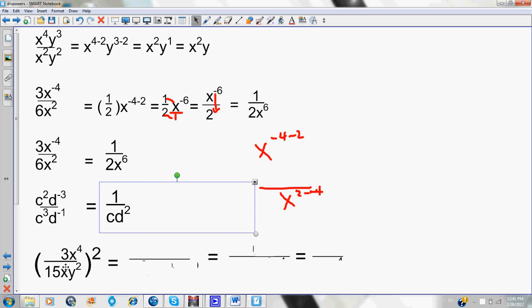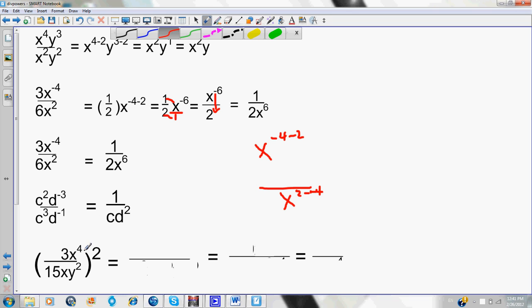Okay, now this one, we're raising a fraction to a power. Now, this is just like the distributive property, okay? With the distributive property, if you've got 2 times x plus 4, that means that you go 2 times x, and you get 2x, and you go 2 times 4, which gives you 8.